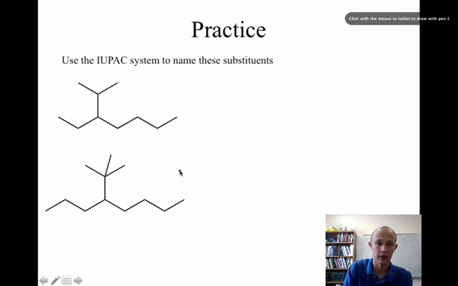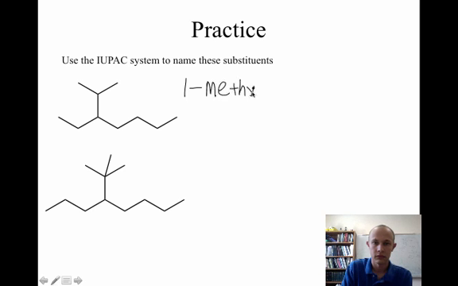Let me rewrite that here. A 1-methyl ethyl group. Here again we have the longest chain is 2 carbons, and we have 2 methyls branching off.